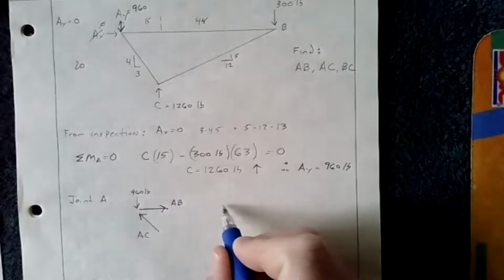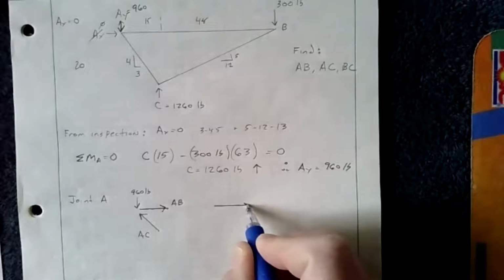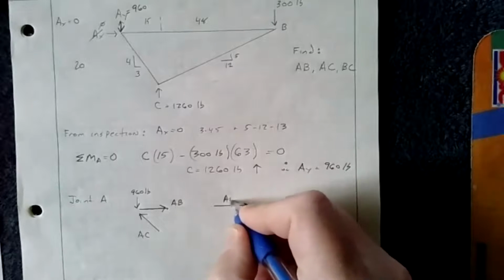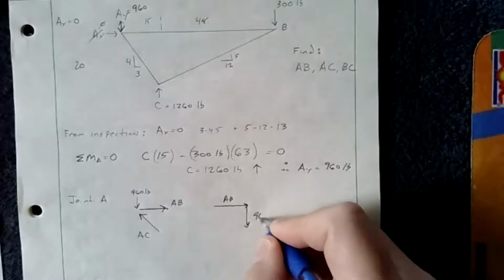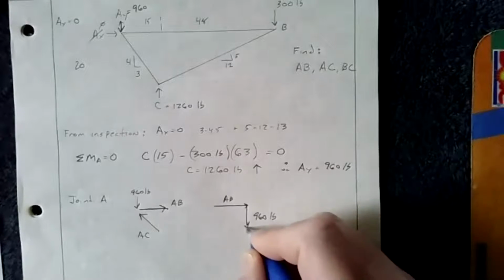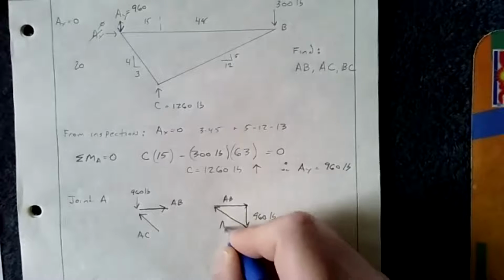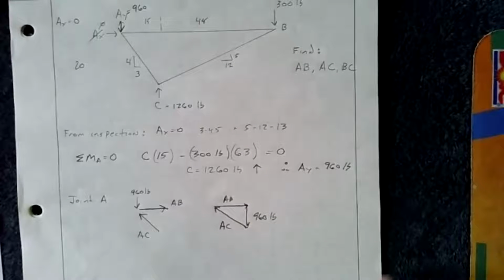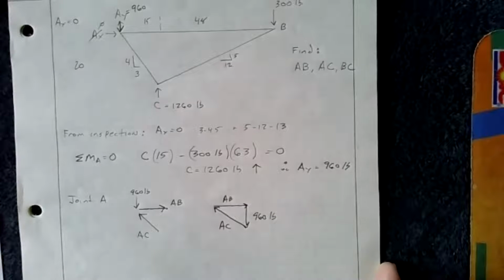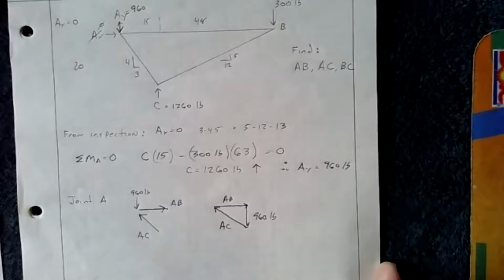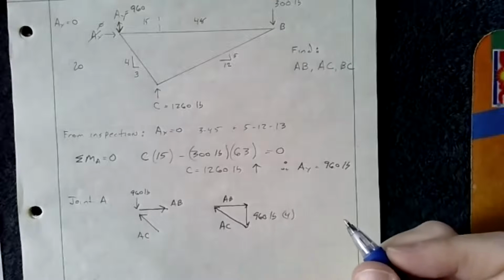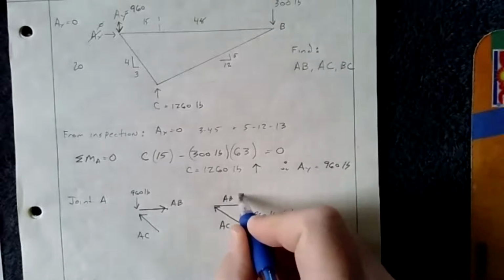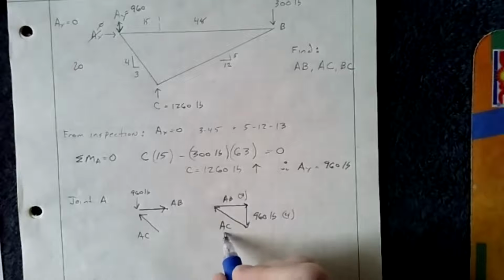We could draw AB going that way. We can draw 960, which is A, going down, and then we can draw AC going back that way. Now, from our triangle, we know this is the 4 side, this is the 3 side, and this is the 5 side.